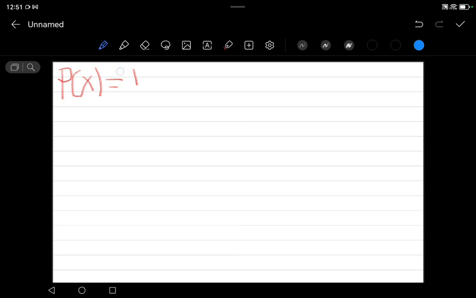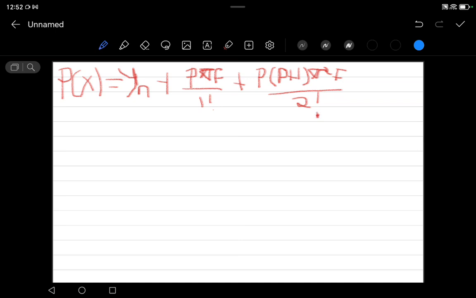N is the last value, remember. yn plus p, the backward f over 1 factorial, plus p into p plus 1, backward squared f over 2 factorial. On the forward one we were subtracting, and on the backward one we're going to be adding. Plus p into p plus 1, p plus 2, to the power of 3f over 3 factorial.